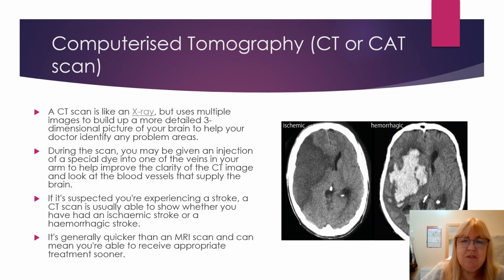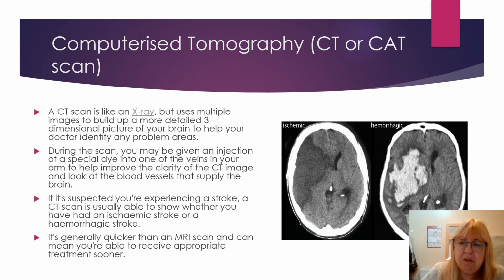And you can identify some problem areas by comparing things. Sometimes they may inject a special dye into one of the veins in your brain, and that can help improve the clarity. So if it's all a bit cloudy and I can't see well, they might do it again.